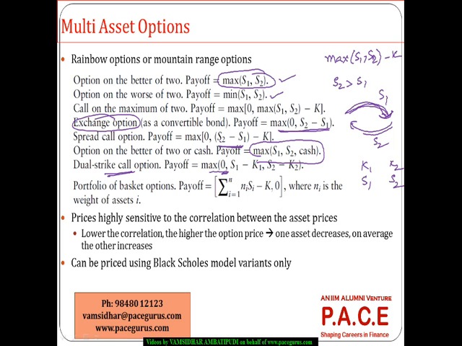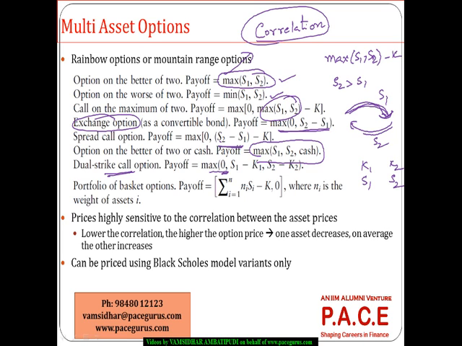Now what we see is that in all these options, the major driver is the correlation between the two. Because we are talking about the maximum of the two minus K. Just imagine if the correlation between S1 and S2 is very high, what gets conveyed to us? Either both of them will go up or both of them will go down.